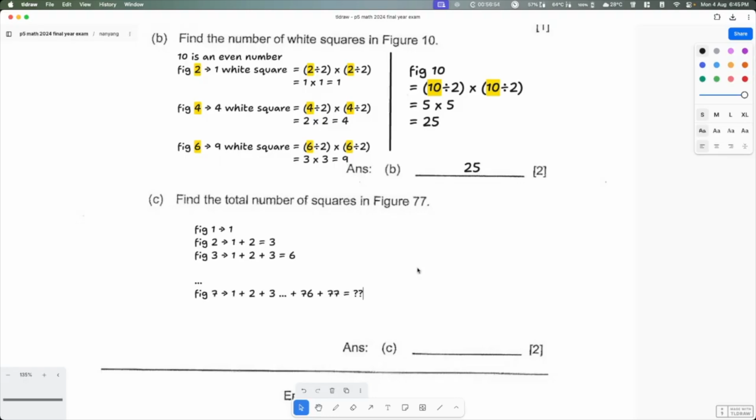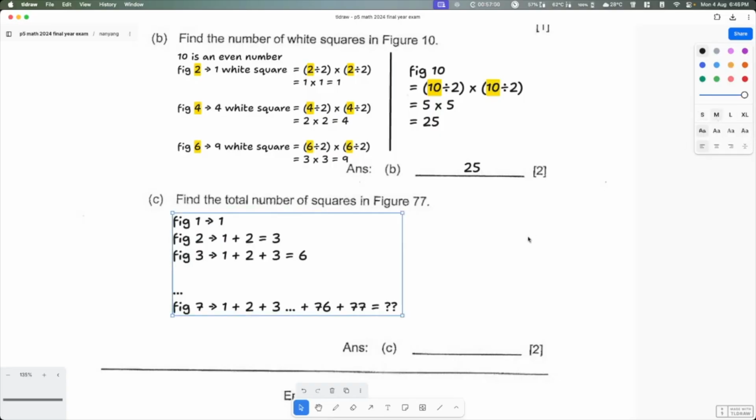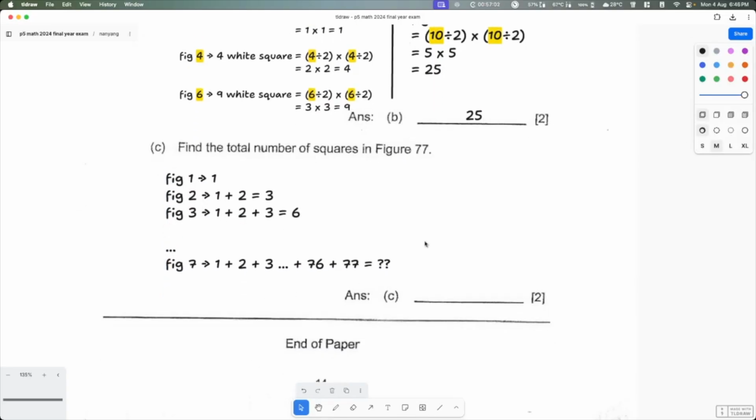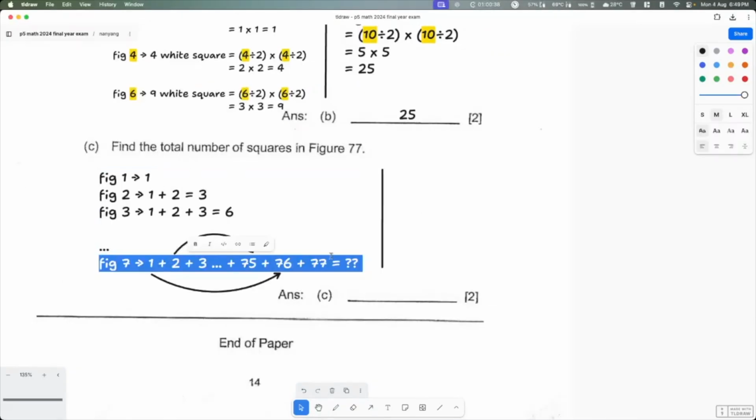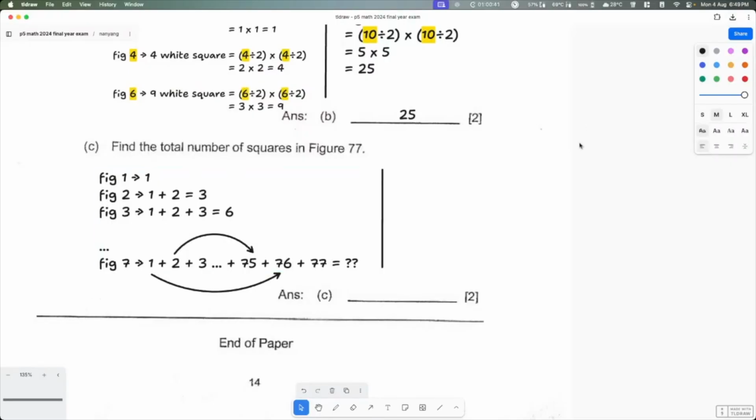You can manually count if you want, but what I usually do is make this easier. Basically, we just need to find pairs. If the final number, 77, is an odd number, then we have 77 on its own and start from 1 plus 76.